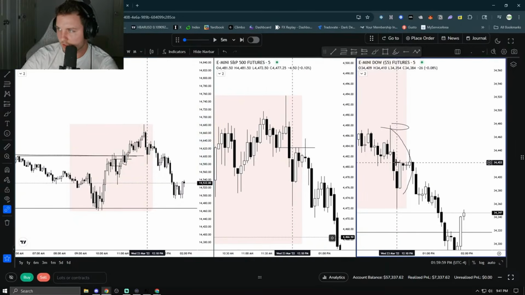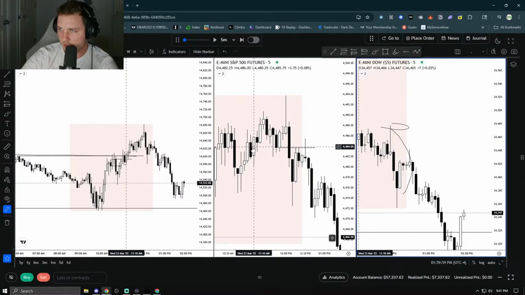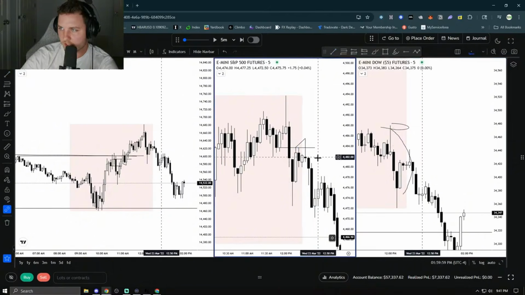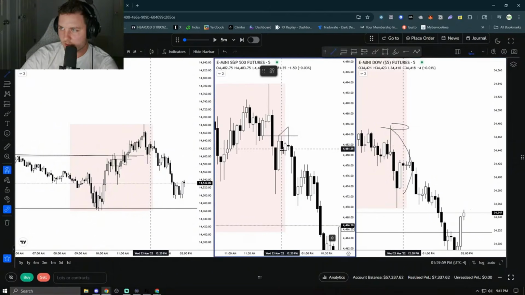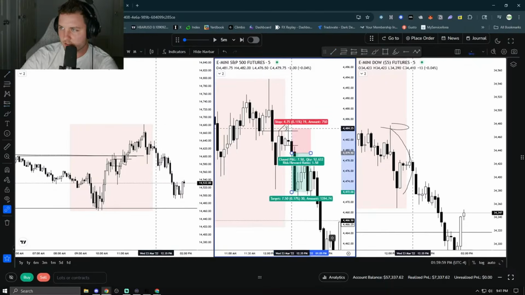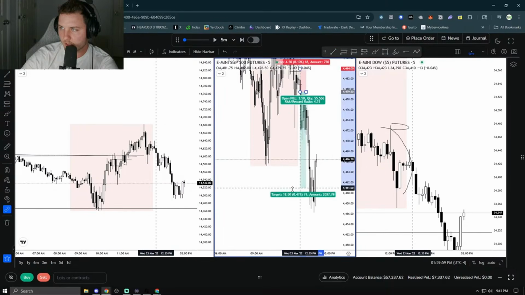Let's see here. No SMT though. Ideally, I would like to see an internal SMT, something like that. That would be perfect. And then you could wait for this CISD, then you take this 50%, target wherever.